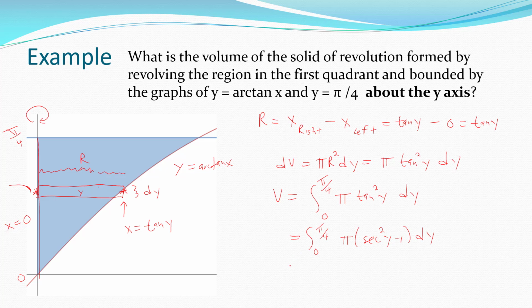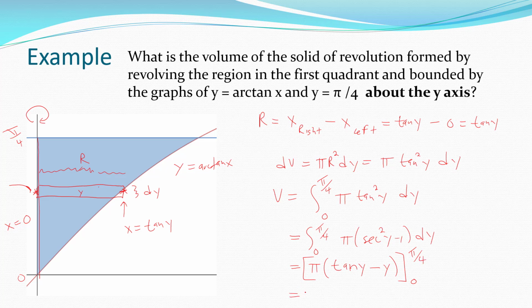That would then become pi times the antiderivative of secant squared, that is tangent of y, and then we subtract the antiderivative of 1, which is y, and we evaluate this from 0 to pi over 4.